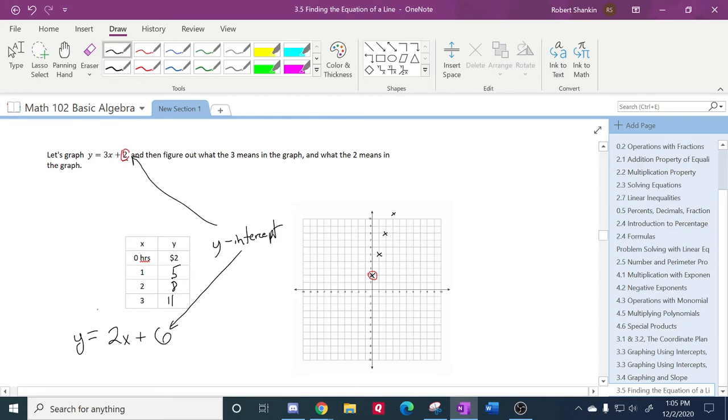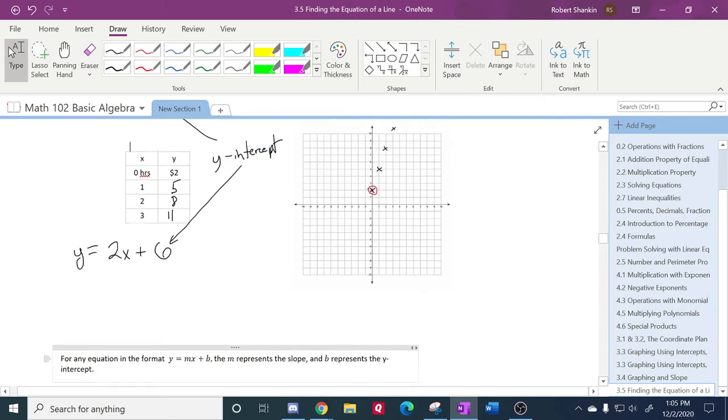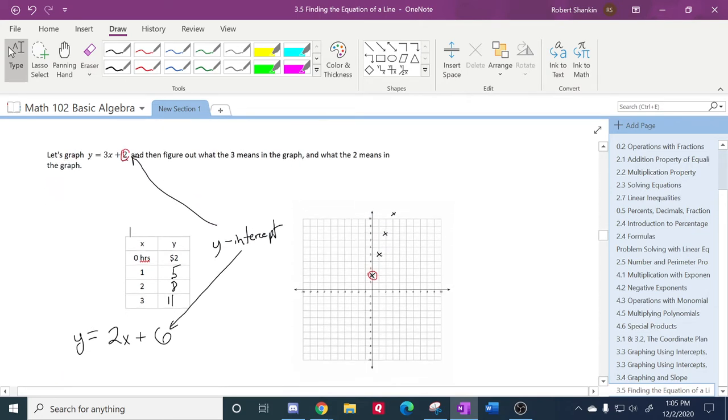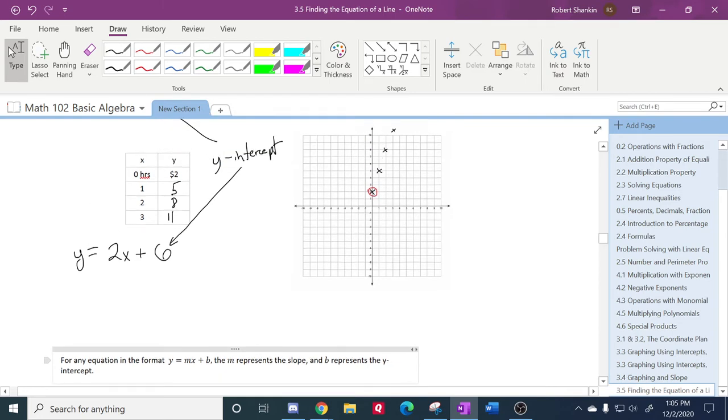It's in that position. Now, this format that we're looking at is y equals mx plus b. If it's solved for y alone, and then the x part comes first, and then the other part after, then it's in what we call y equals mx plus b format.